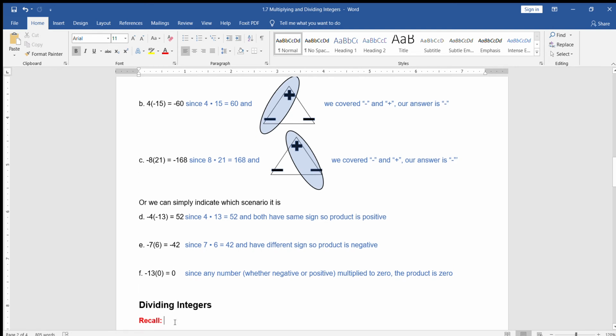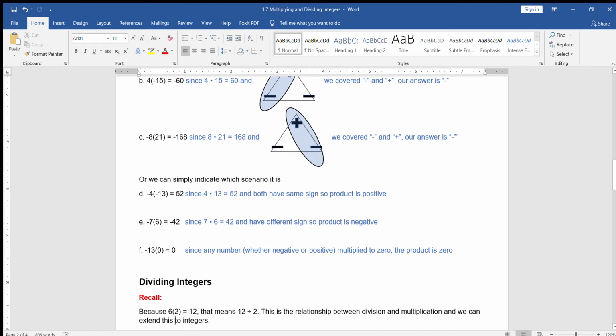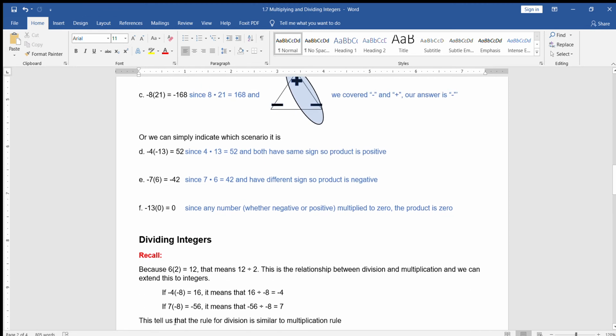Now let's move on. Dividing integers. Because 6 times 2 is equal to 12, that means 12 divided by 2 is equal to 6. Hopefully you guys can see the relationship between multiplication and division, and we can extend this to integers. What do I mean by that?